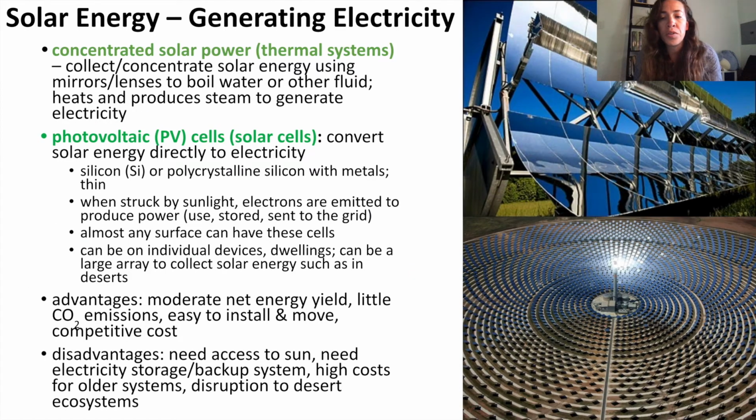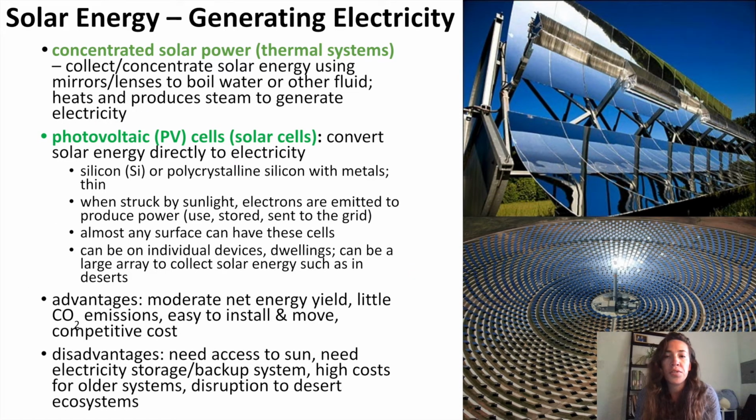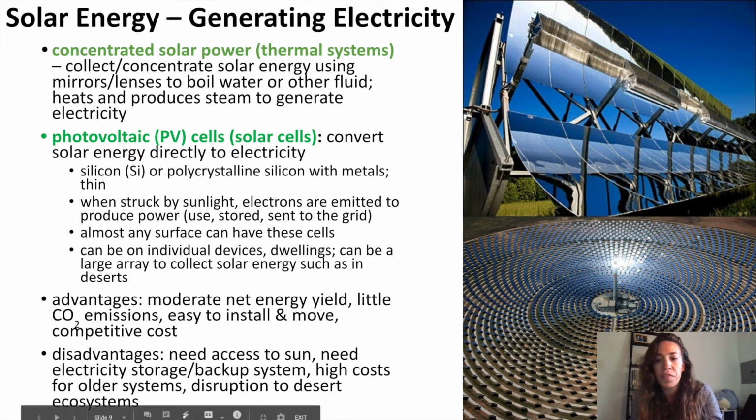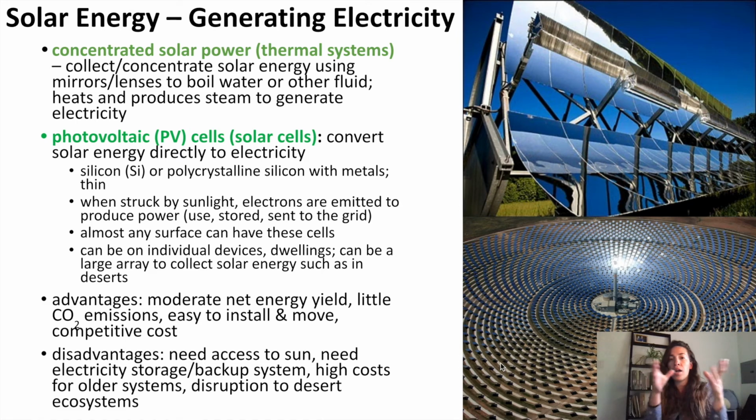Other types of solar include concentrated solar, and so the images that you see here are concentrated solar power, where they collect or concentrate the incoming solar energy using a series of mirrors. So here you have a huge field of mirrors that all are pointing to a central location, and that central location is going to basically be able to absorb that energy.